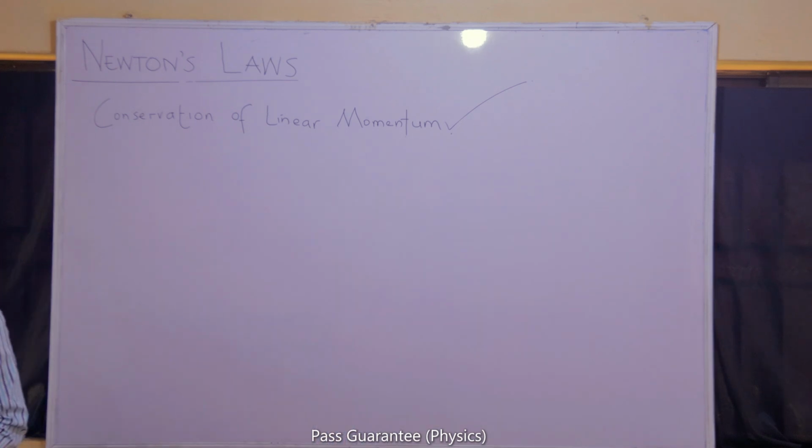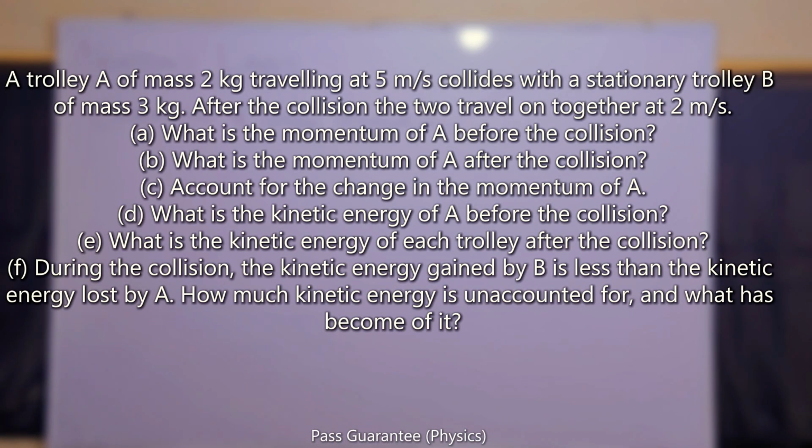A trolley A of mass 2 kg traveling at 5 meters per second collides with a stationary trolley B of mass 3 kg. After the collision, the two travel on together at 2 meters per second. What is the momentum of A before collision? What is the momentum of A after collision?